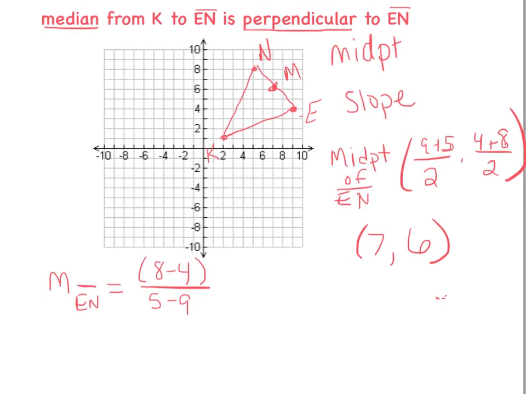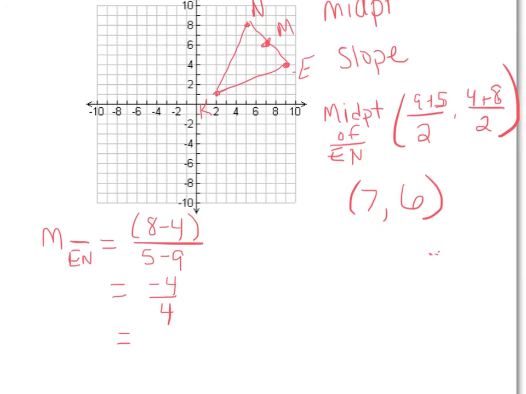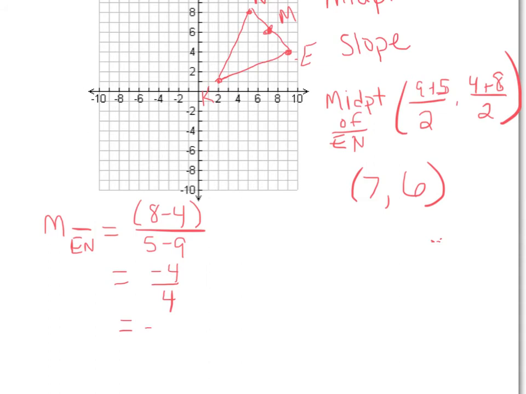Okay, so I know that 8 minus 4 is 4, and 5 minus 9 is negative 4, so that's 4 over negative 4, which is negative 1. So the slope of EN is negative 1.